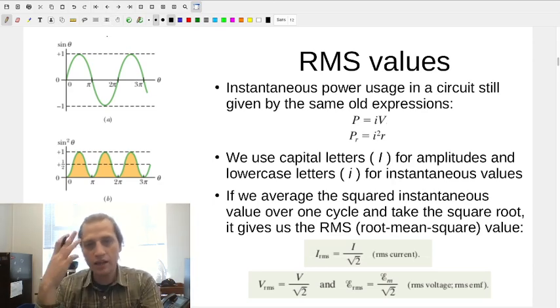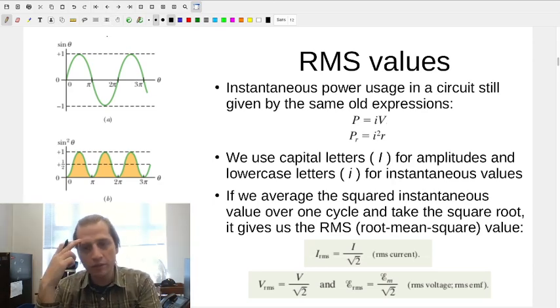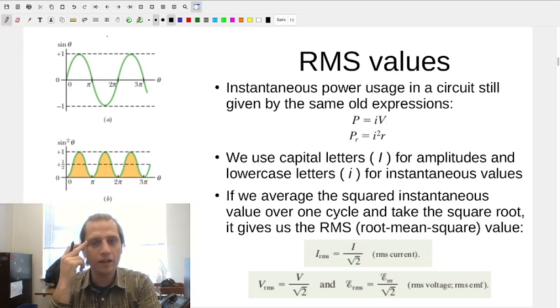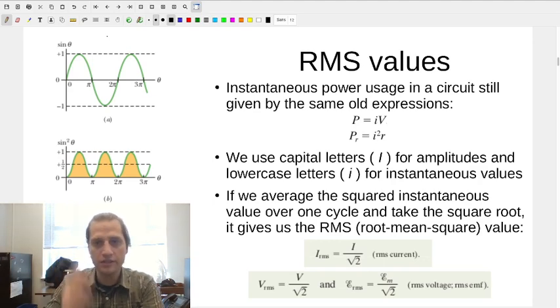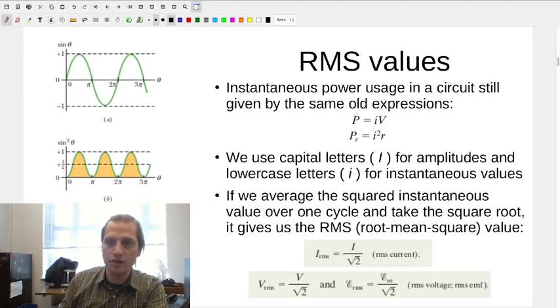Now, something that I said in a previous video, but I didn't really spend enough time on for us to really appreciate it, is that if we just think about instantaneously at a particular moment how much power is being used by our circuit, it still is just the same old thing. The power is the amount of current times the voltage.